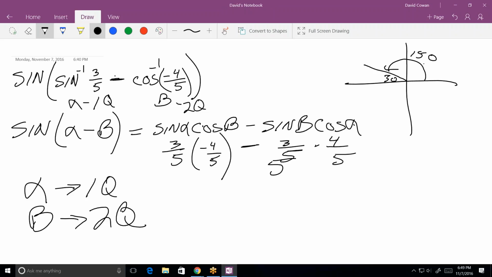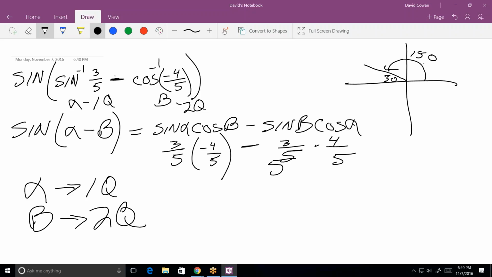So here, I know the sine of alpha is a positive number, and I know the cosine of beta is a negative number, but I also know beta's second quadrant, and the sine of beta is a positive number.